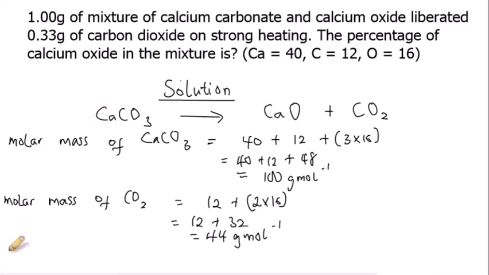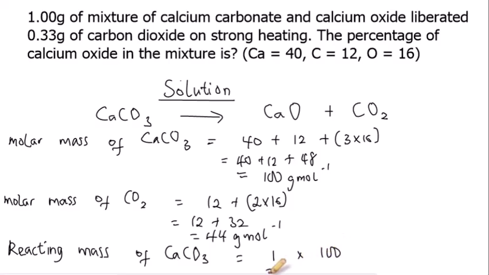Reacting mass of CaCO3 is 1 multiplied by the molar mass 100, which equals 100, and the unit is grams.